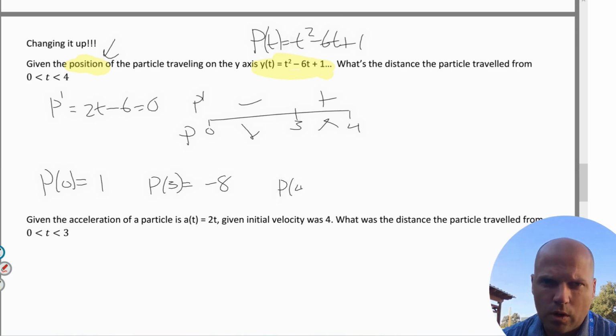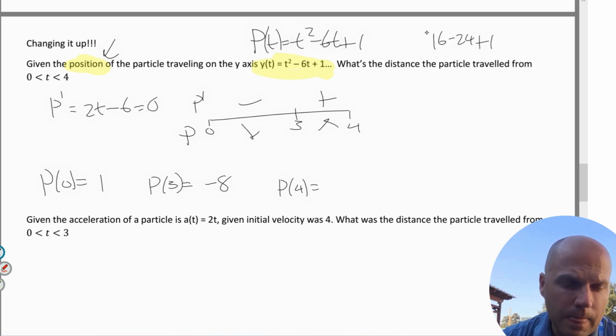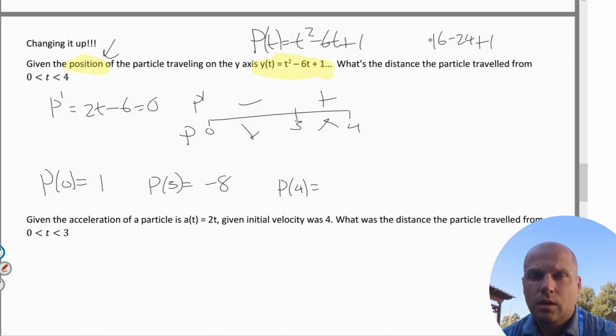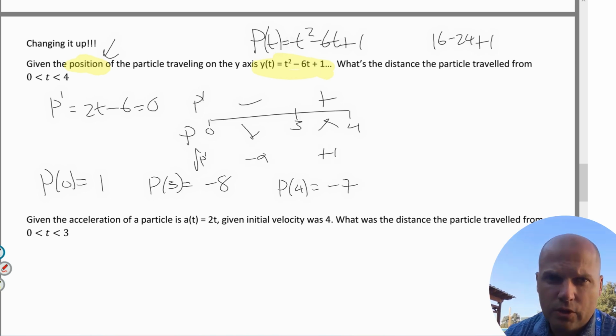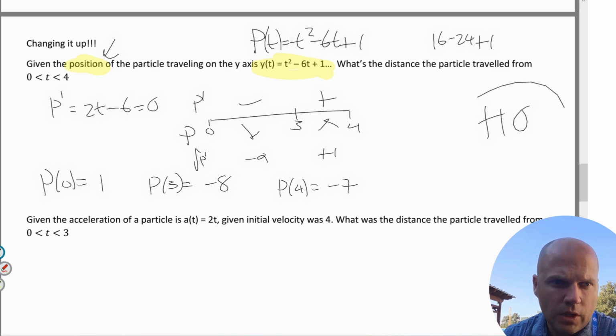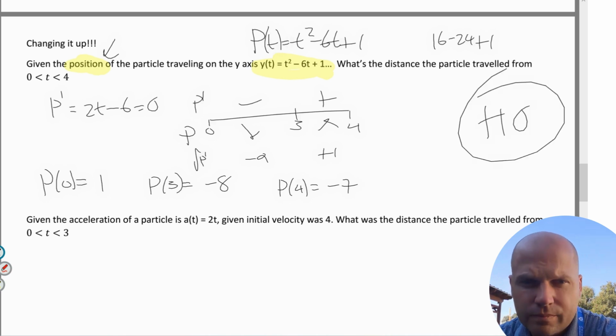My position at 4 is 16 minus 24 plus 1 minus 7. So I start at 1. The accumulation of my derivative is minus 9 and then plus 1. So 10 is my distance. Overall, I ended up 8 to the left of where I started, minus 9 plus 1.